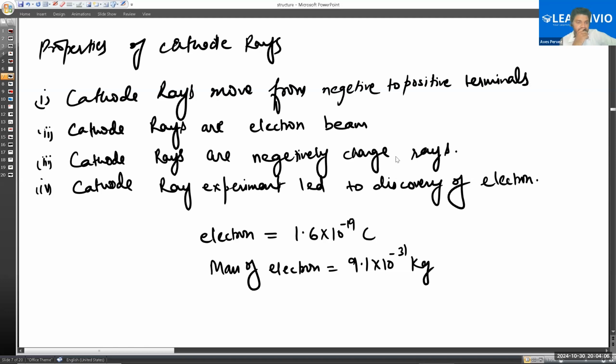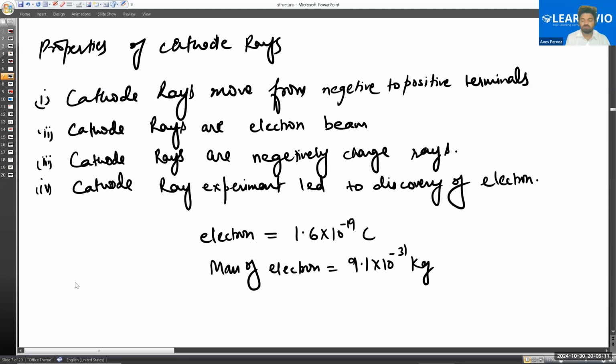Write down the properties of cathode rays. Done?